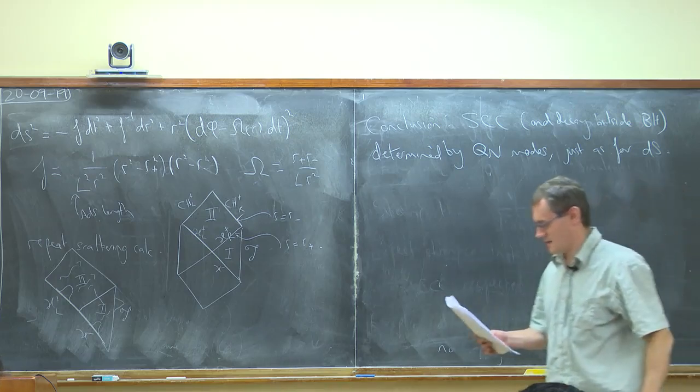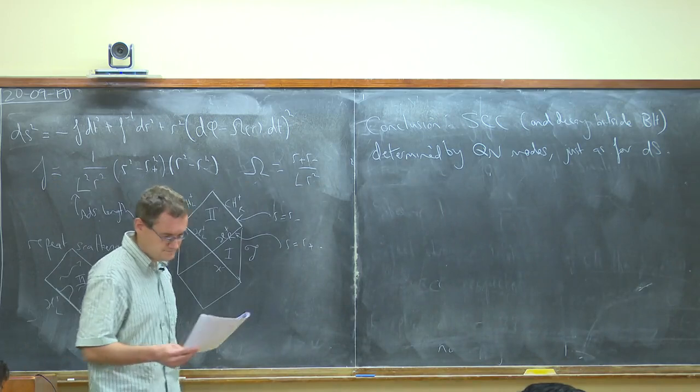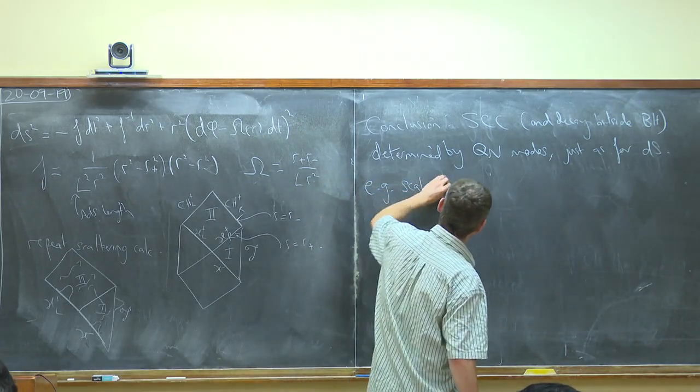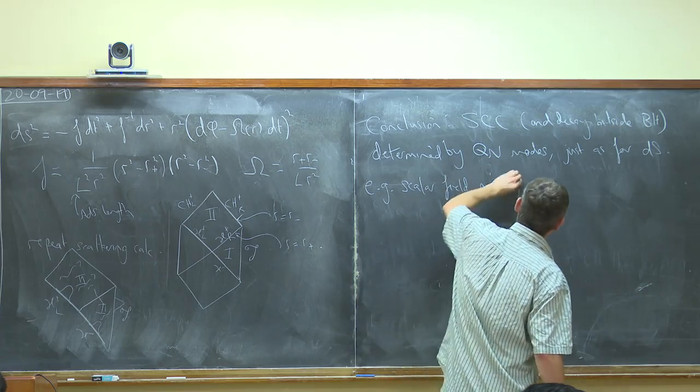Okay, so we want to know about the quasi-normal modes in this spacetime. So let's look at the case of a scalar field with mass parameter mu.